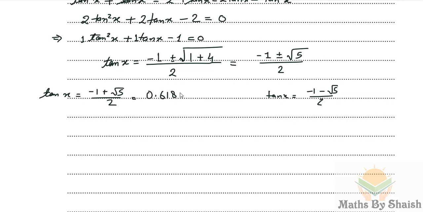So we can write till the 4 decimal place, that's fine. And here, minus 1 minus root 5 divided by 2 is coming minus 1.6180 and so on.